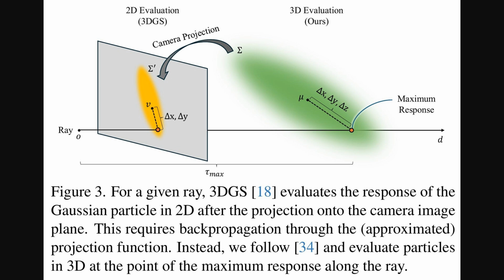But 3DGUT, well, it evaluates the particle's response directly in 3D, finding the point of maximum response along the ray itself. This avoids having to backpropagate through that potentially complex camera projection function, and it aligns better with ray tracing approaches, which helps with those secondary effects.